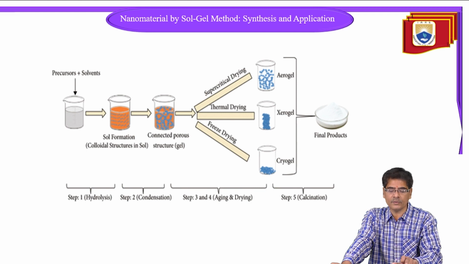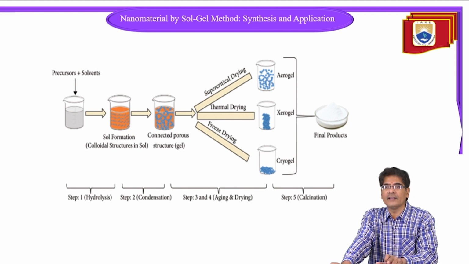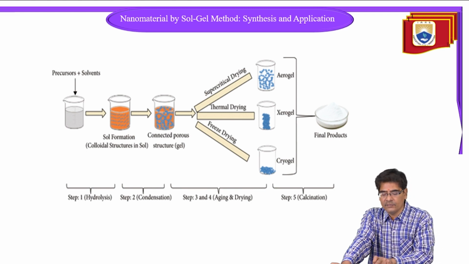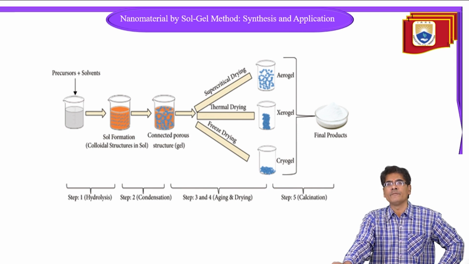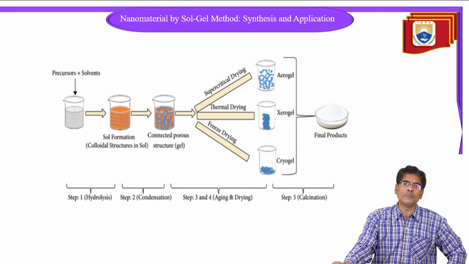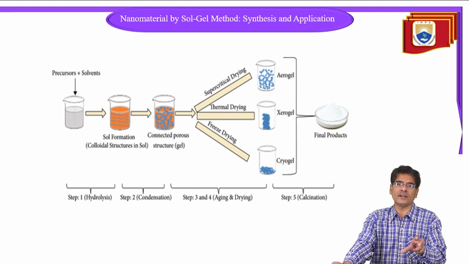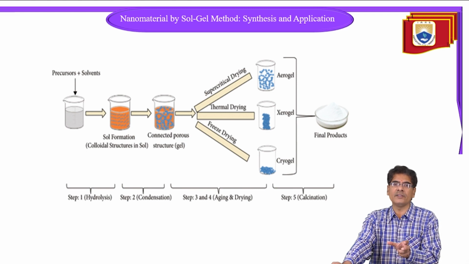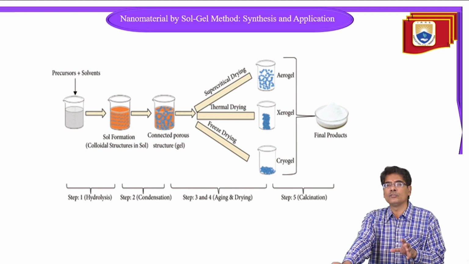The first is the hydrolysis process, the second is the condensation process, the third is aging and drying, and the fourth is calcination, which gives the final product. In the first step of hydrolysis, we take the precursors and solvents, which form a solution through colloidal structures.